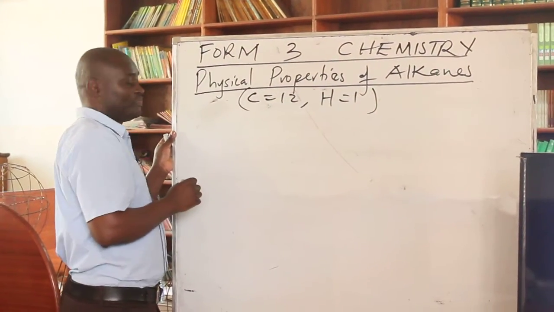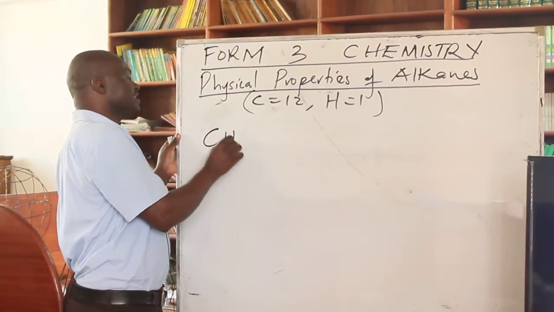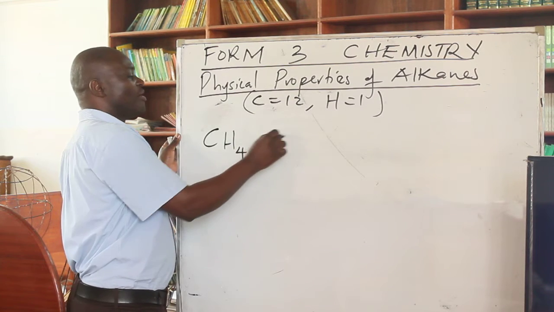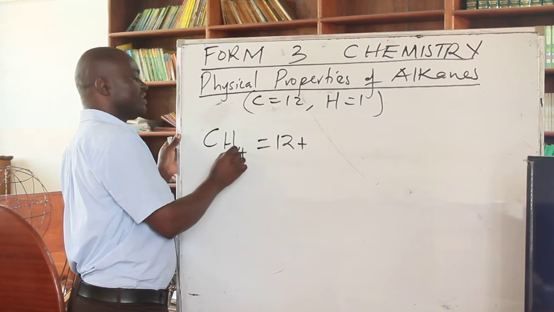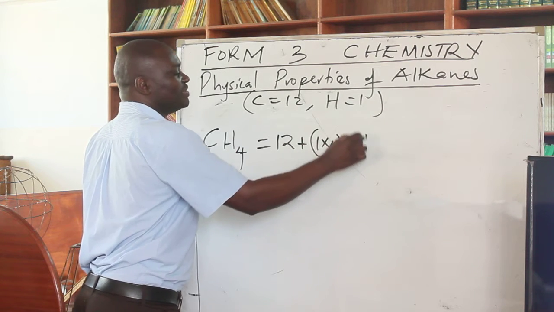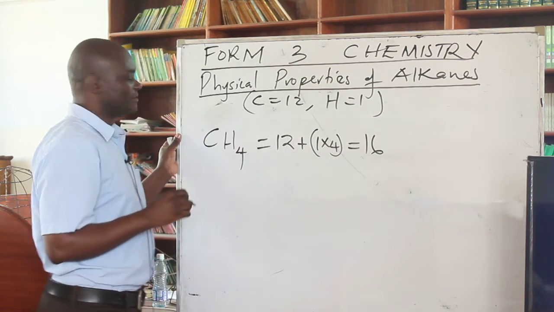That is something you know. So when we're given CH4 and you want the relative formula mass, carbon is 12 plus hydrogen, 1 times 4. This one will give us 16.